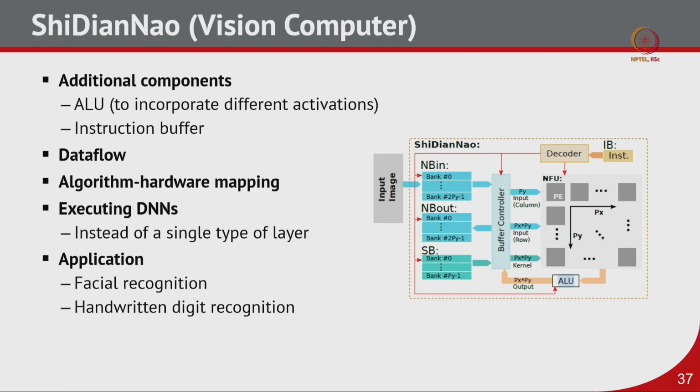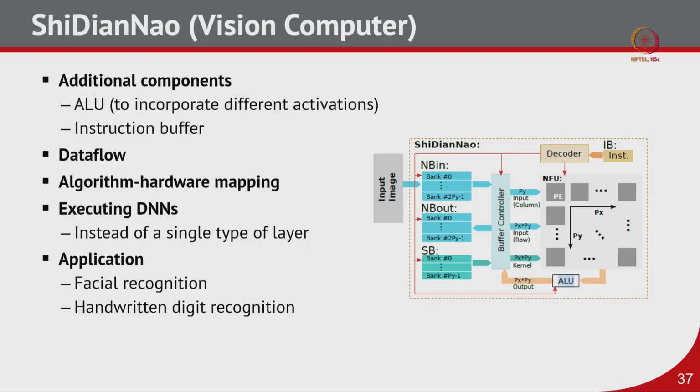And then finally, let us discuss the ShiDianNao. In Mandarin, ShiDianNao means vision computer. So far we have seen just an accelerator architecture which performs convolutional layer operation, or CNN execution, right. Now, those architectures, either DianNao or DaDianNao, are not curated for any application.